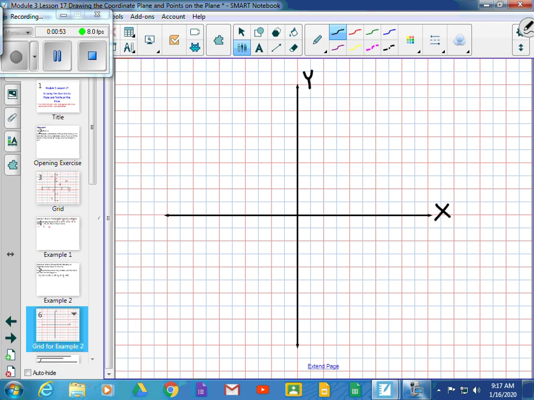So when I label my x-axis, I can have a scale of 1. So once again, I can mark off the 5th and the 10th one. That means the x-axis has a scale of 1.